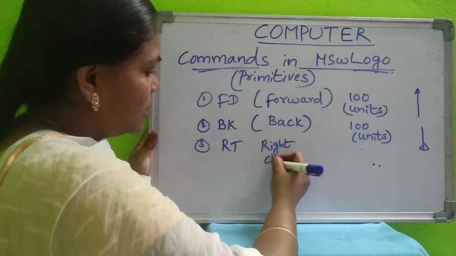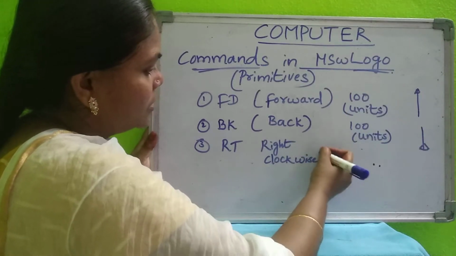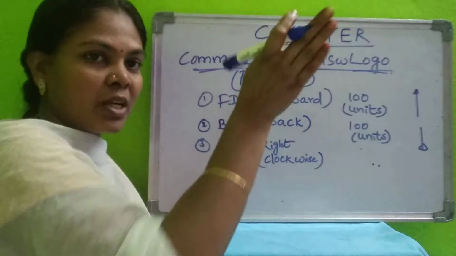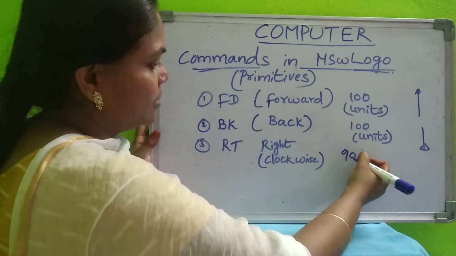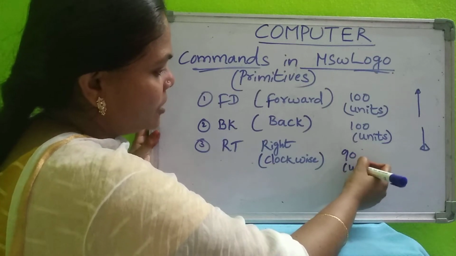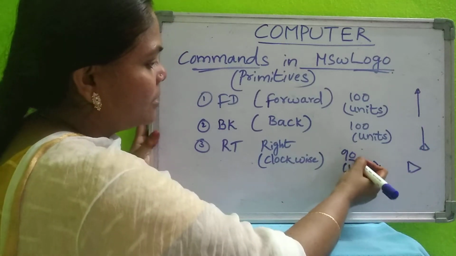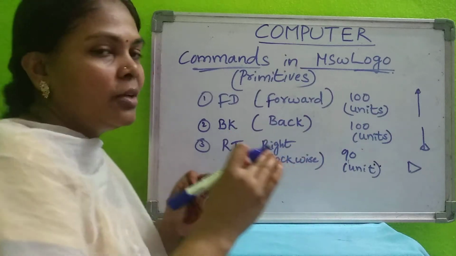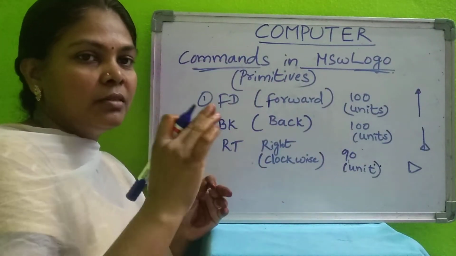Clockwise, you know, you can see the clock, which side it rotates? Right side. By mentioning the units, the turtle will be rotated by the mentioned degrees of angle. If you mention 90, it will be rotated to the right side by 90 degrees.